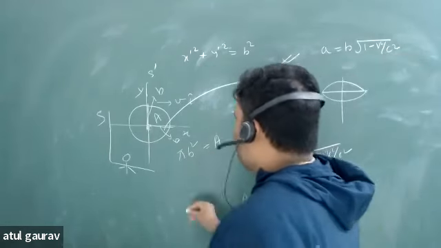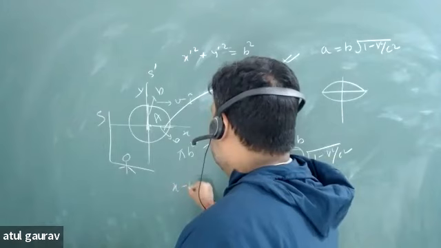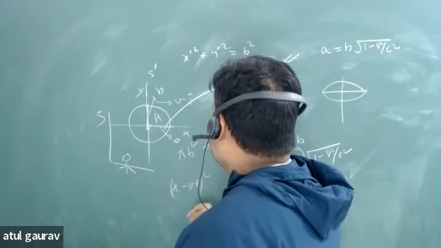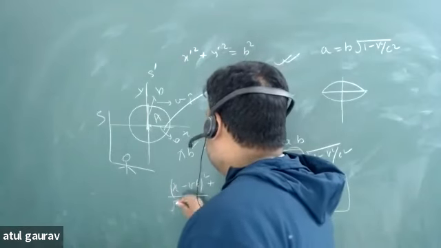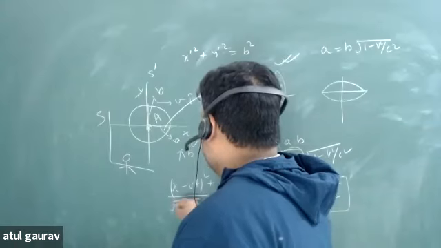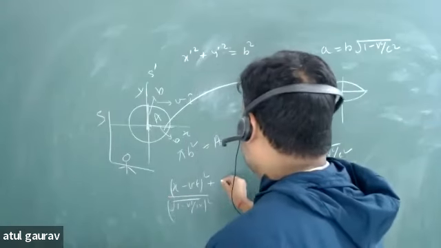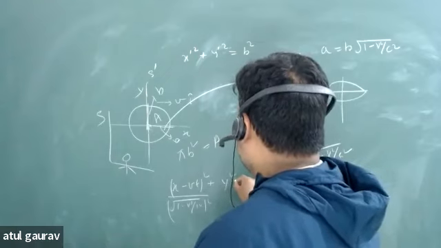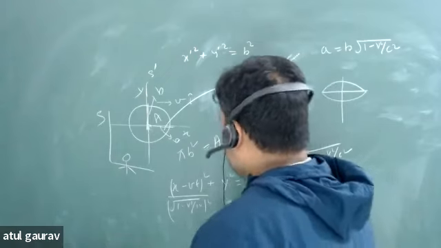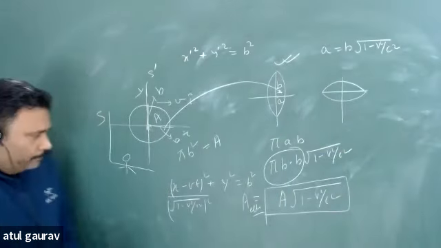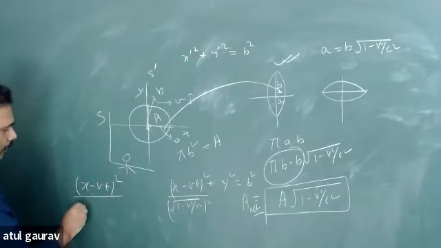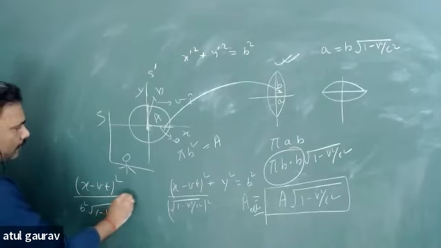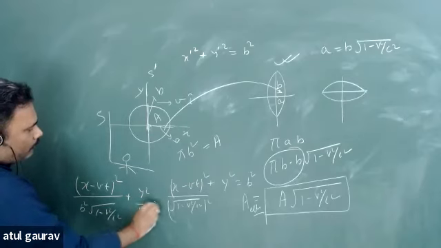So what will be this Lorentz transformation? (x minus vt) whole square upon (root under 1 minus v square upon c square) whole square, plus y square is equal to b square. And now you can see: (x minus vt) whole square upon b square (1 minus v square upon c square) plus y square upon b square is 1.